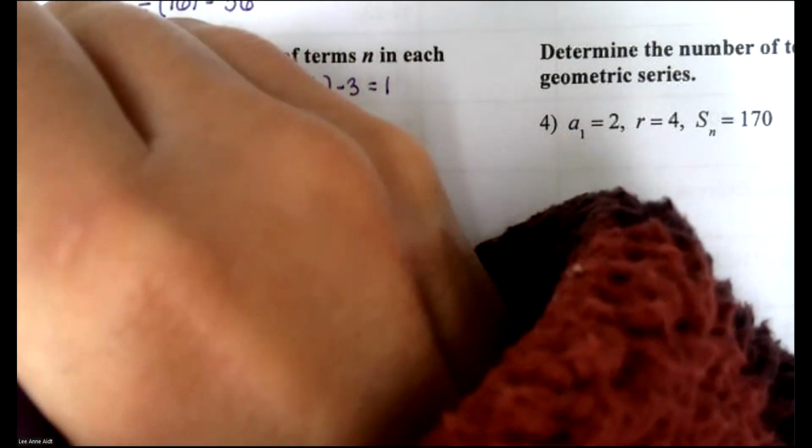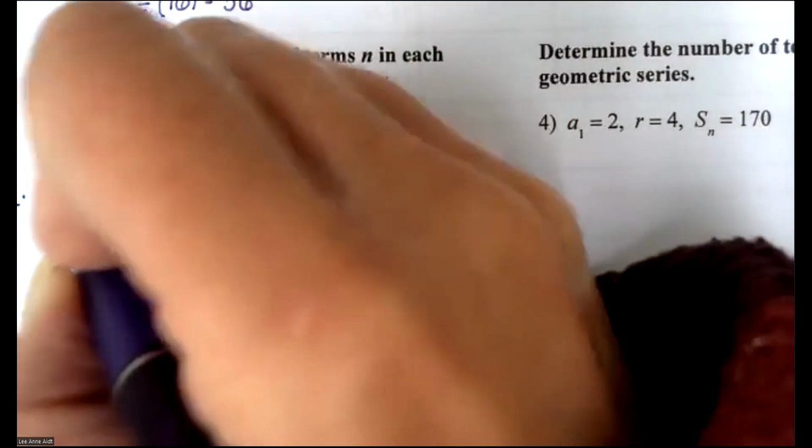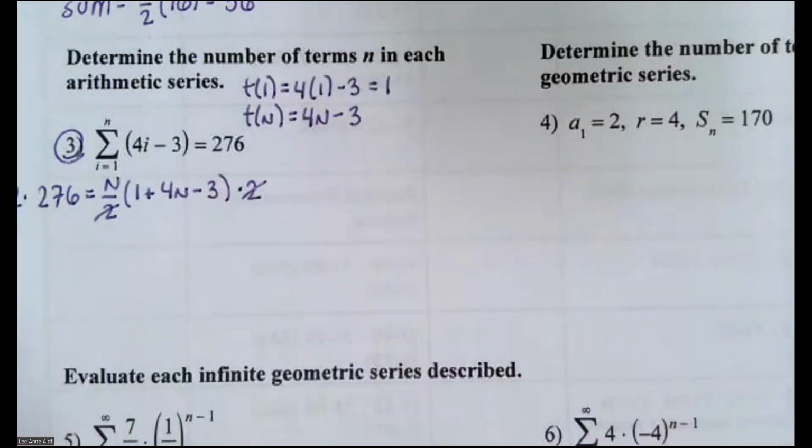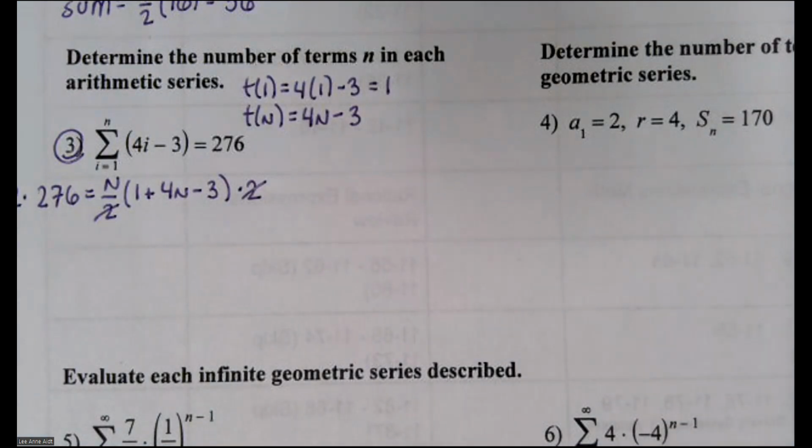Okay, times 2 on both sides. What is, I don't know, I'm not prepared for class. Something with a 2, 40, 50, 500, 552.